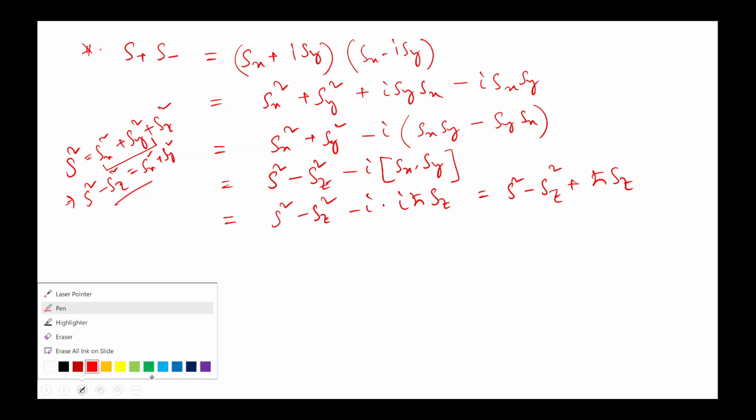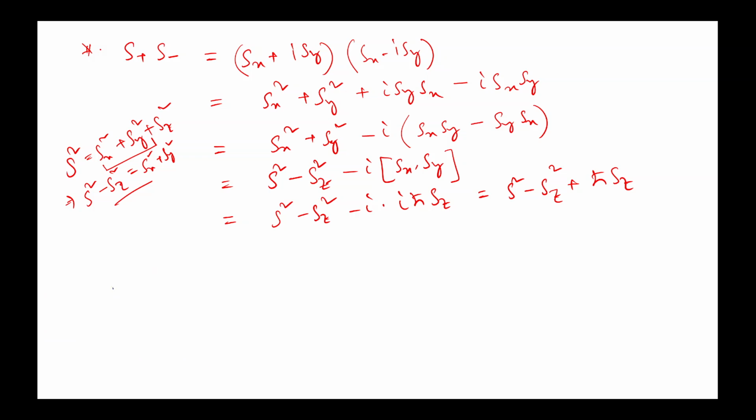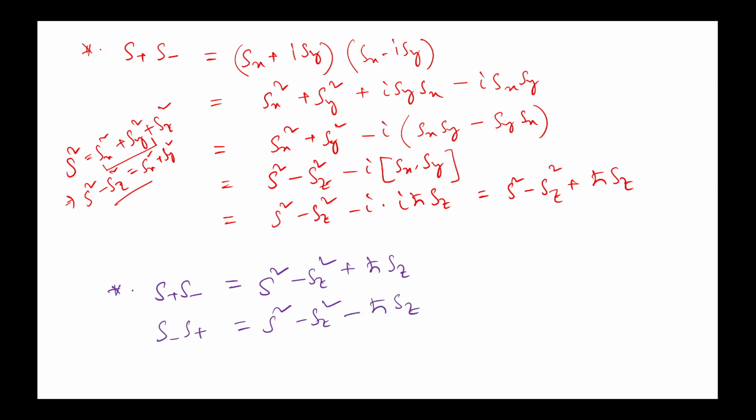So what we have: S plus S minus is S square minus Sz square plus ħ Sz, and similarly you can work out that S minus S plus is S square minus Sz square, and instead of this plus sign it will come out to be minus ħ Sz.